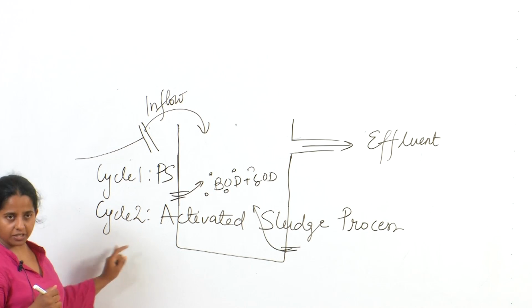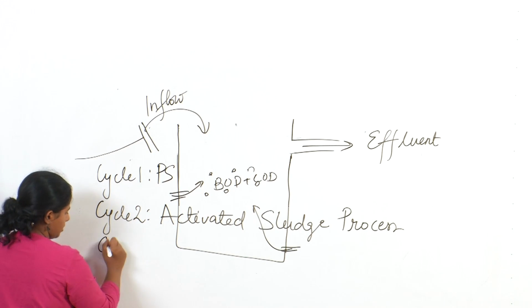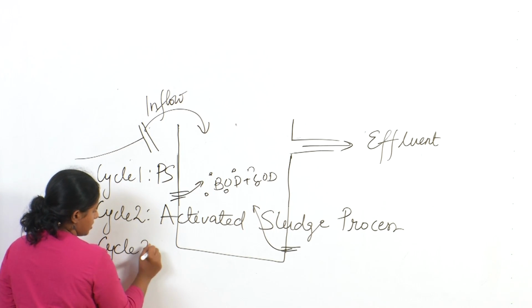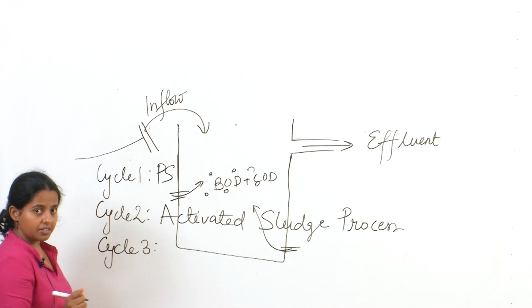Once the time is up for cycle 2, it will come to cycle 3 or step 3. In step 3 we will have secondary settlement.